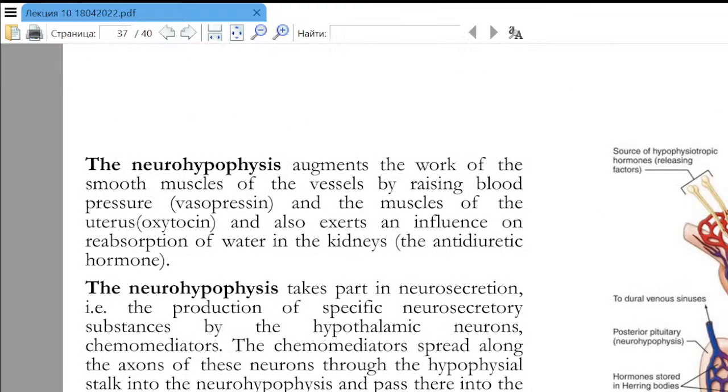The neurohypophysis, adenohypophysis, infundibulum.